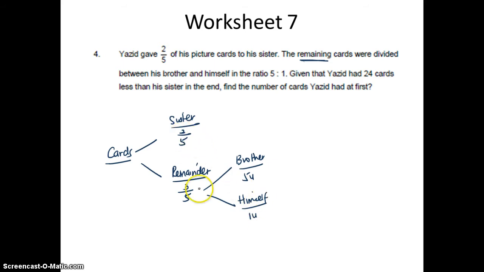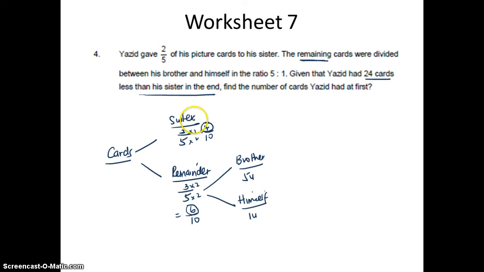So I have 5 unit plus 1 unit, total is 6 unit. So I must times 2 to get 6 out of 10. Times 2, 4 out of 10. So now 5 unit plus 1 unit is 6 unit. So this is 4 units. Yazid had 24 cards less than the sister in the end.